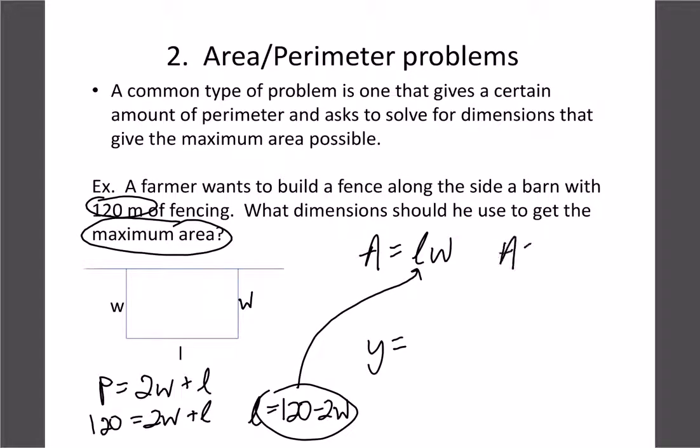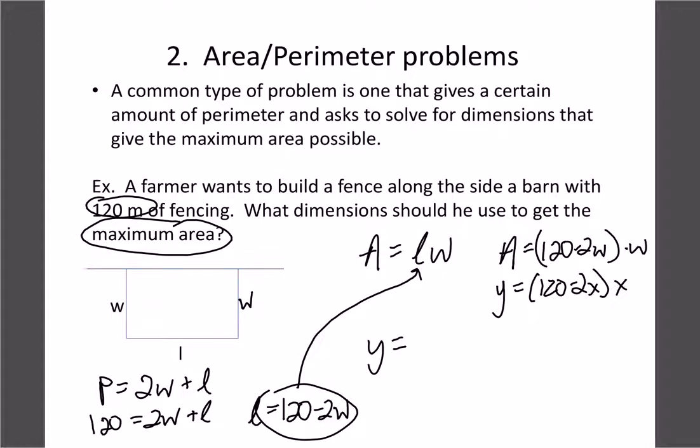So we'd actually get area would equal 120 minus 2w, that's our length. But then we also have our other w that we got to multiply by. So that's our equation to graph. So on your calculator, all you have to type in is 120 minus 2x times x. So do that on your calculator, and let's see what it gives us.